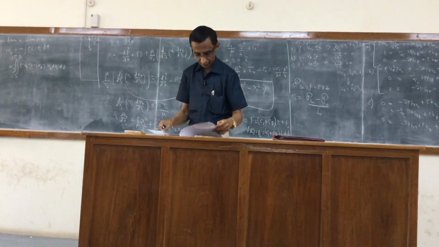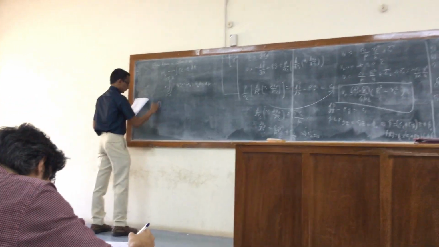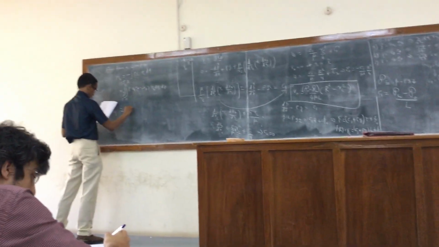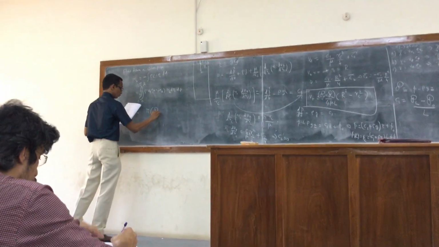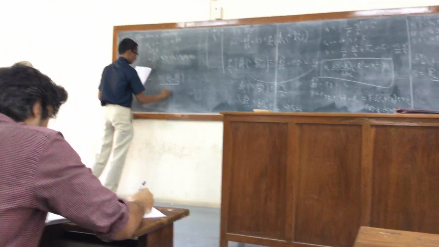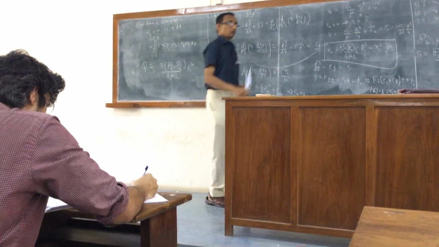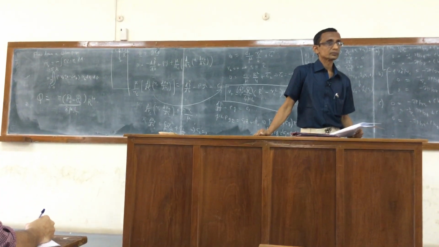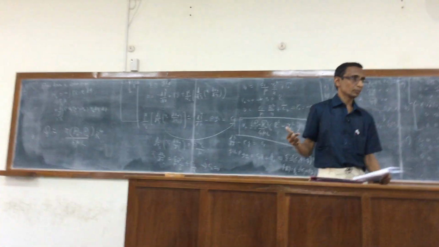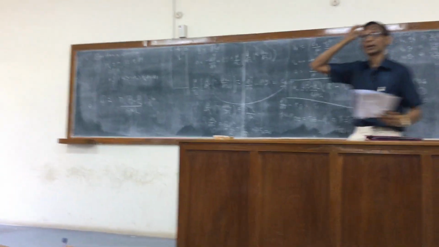If you do this integration, and divide by rho, you will get the famous expression for the mass flow rate, which has a fourth power dependence on the radius of the tube. So these are well-known results, the famous Hagen-Poiseuille equation.